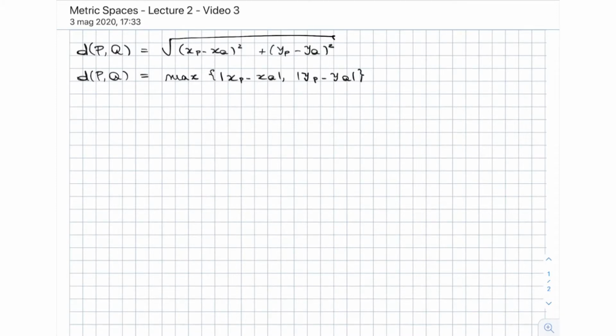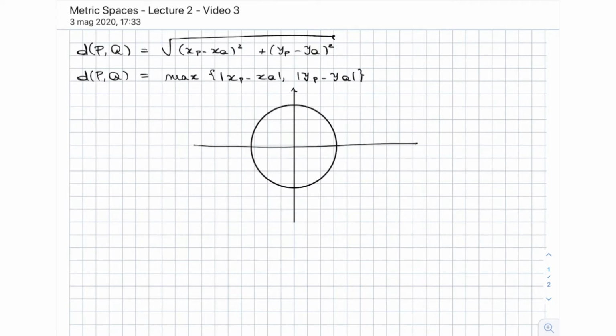What we will do in this video is to compute the length of the circle using the definition for the length of a curve. So let's say we fix a circle of radius 1 and we place it in the plane.